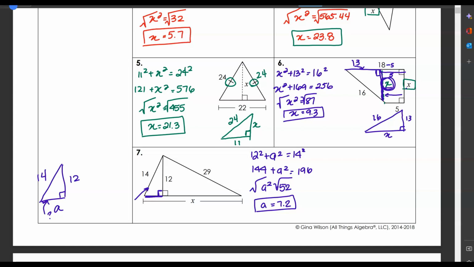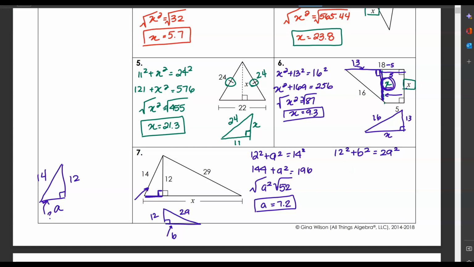But now I have another triangle here. And the second triangle is going to be 12, 29, and then this question mark side that I don't know what it is, so let's call it B. So we're going to have 12 squared plus B squared equals 29 squared. So I have 12 squared equals 144, 29 squared, which is going to give me 841.